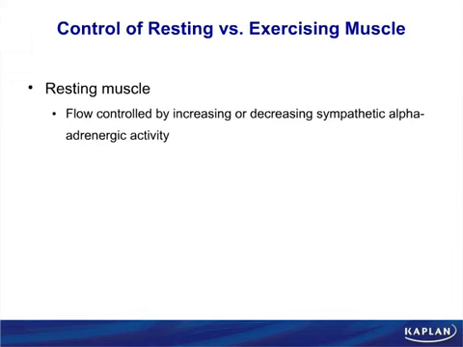All right, continuing on with the idea of resting versus exercising muscle. In resting muscle, it's sympathetic. This is norepinephrine alpha-mediated vasoconstriction. As we indicated also, exercising muscle becomes the CEO. It demands flow. So how are we going to increase that flow? Well, exercise is going to release metabolites.